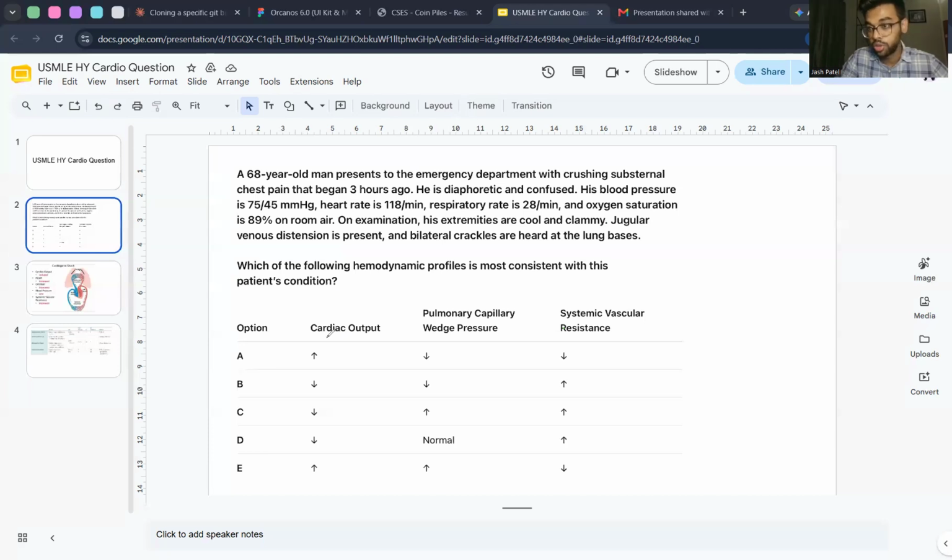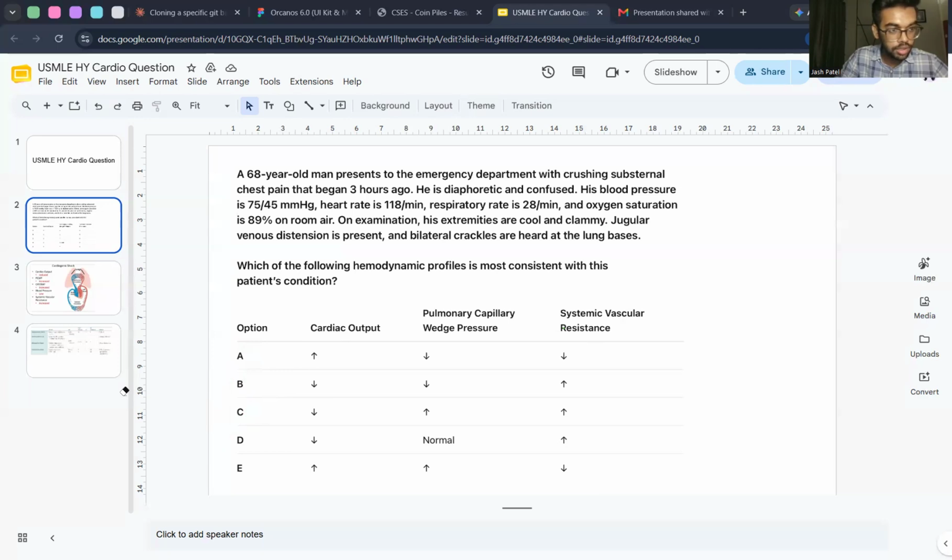So the cardiac output should go down, so we can eliminate option A. The pulmonary capillary wedge pressure should go up. Thus, we can eliminate option B. The systemic vascular resistance should go up also. And that is why option C is the correct answer. Right. So we have gotten our correct answer.